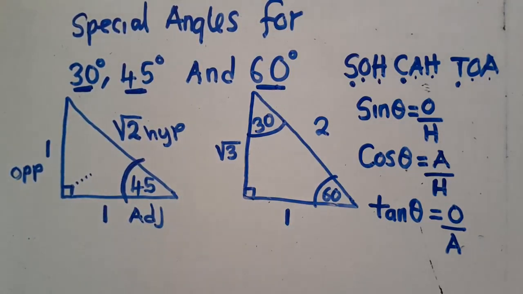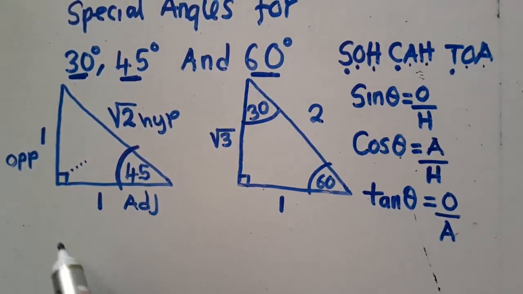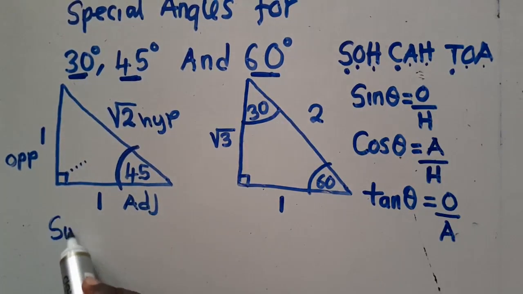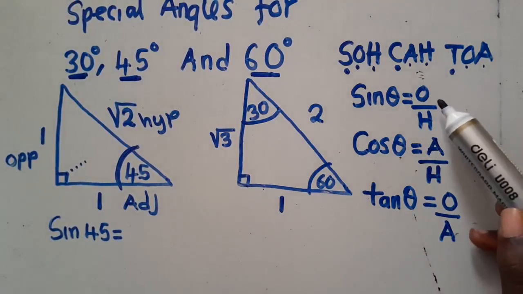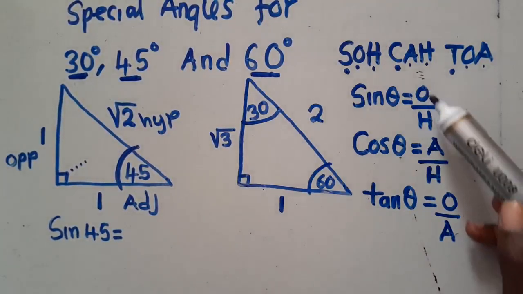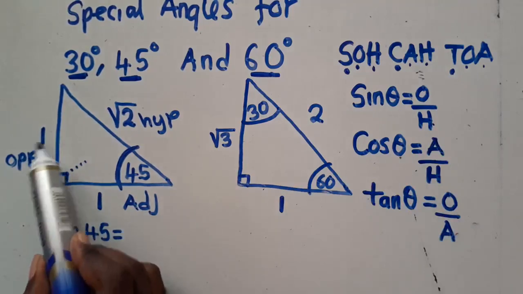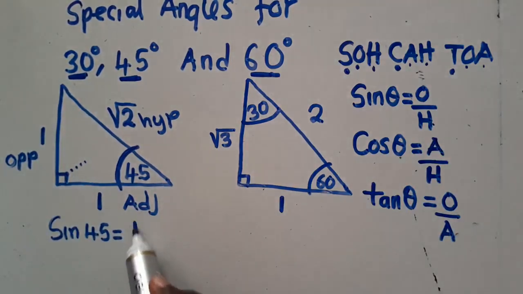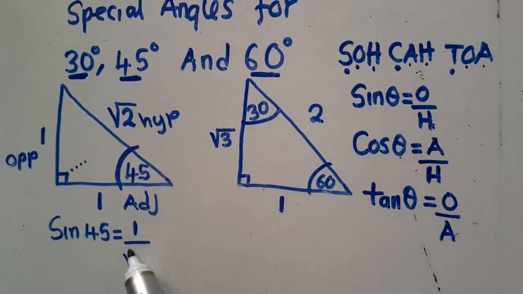In a case where you want to find, let us start with sine 45. How can you find sine 45? We said sine is opposite over hypotenuse. What is my opposite? Opposite is 1, over hypotenuse, which is root 2.